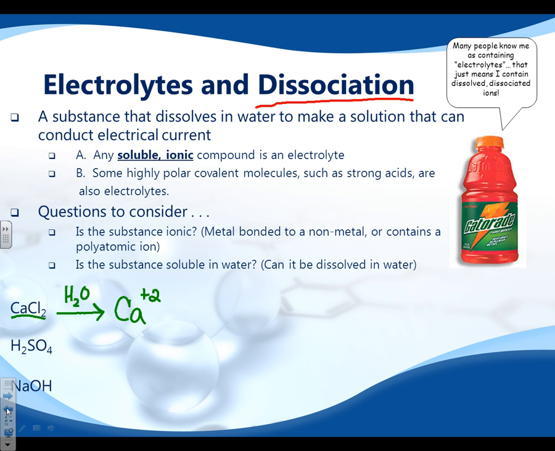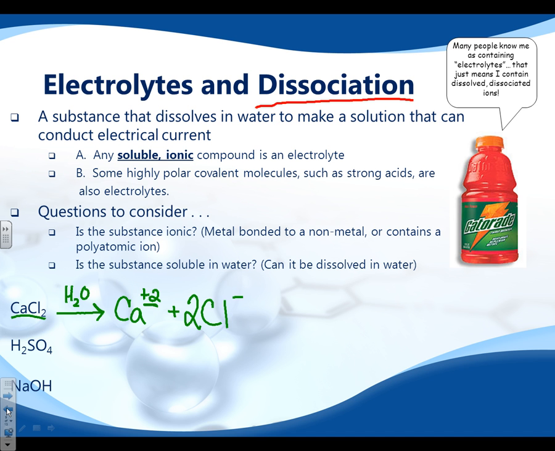So we're going back to previous units, remembering what our charges are for these particular ions. Chlorine, we know, is always a -1 ion. But we've always got to have a balanced equation. So calcium chloride is going to break up into one calcium ion, because it's a +2, and it's going to break into 2 chlorine ions.